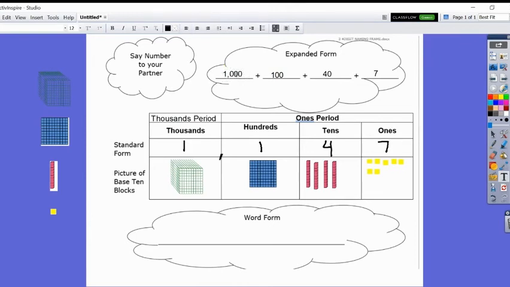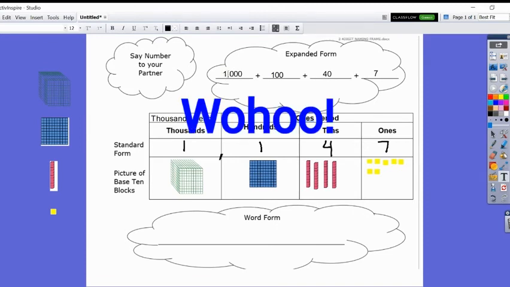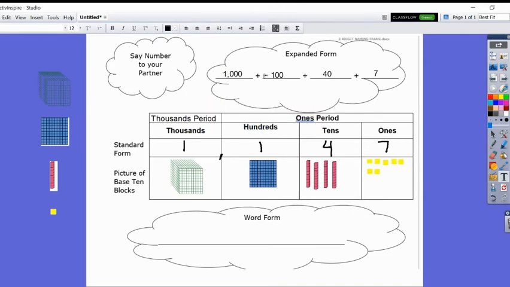These are ones, tens, hundreds, thousands. 1,000 plus 100 plus 40 plus 7. And because these are your notes, let's label this. Here's your ones. Here's your tens. Here's your hundreds. And here's your thousands.